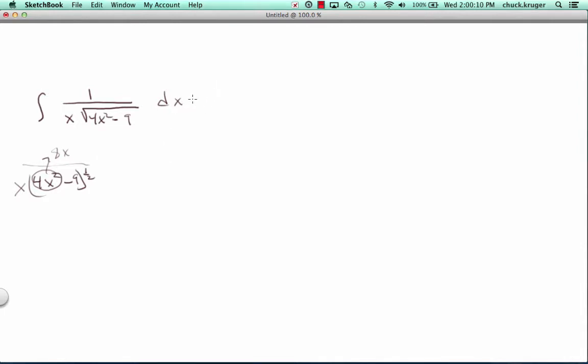So I'm going to look at one of the ones that I have on the front of my notes, and it looks something like this. Over here I have g prime of x over g of x times the square root of g of x squared minus a squared.